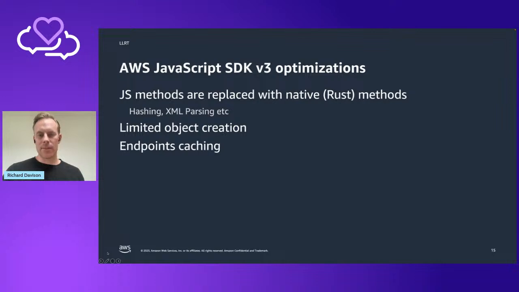This means that we cache endpoints. So there's a quite sophisticated endpoint lookup based on your configuration on what endpoint that you should reside to. This is being cached inside of the LLRT runtime. And we do eager connections to the SDK endpoints. So when you actually import an SDK client inside of JavaScript, we already at that import level initialize the connection.